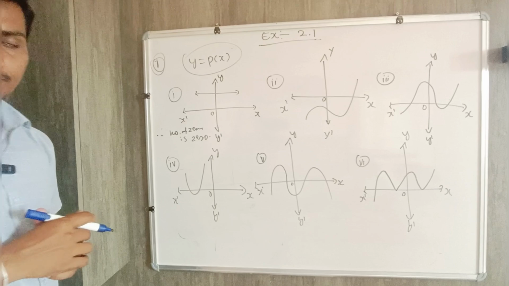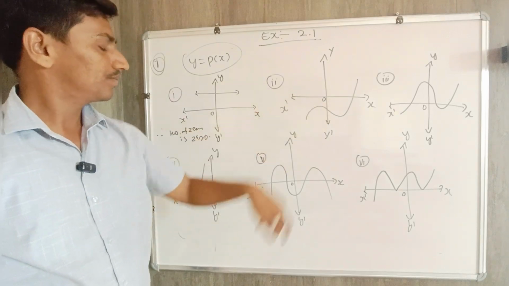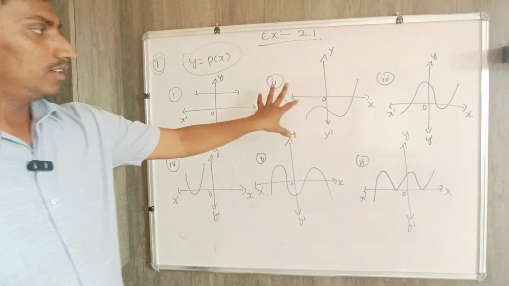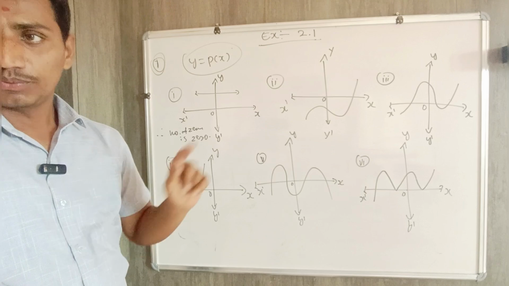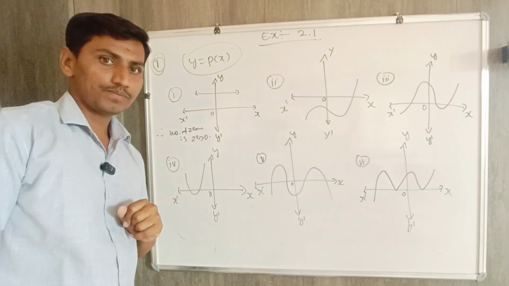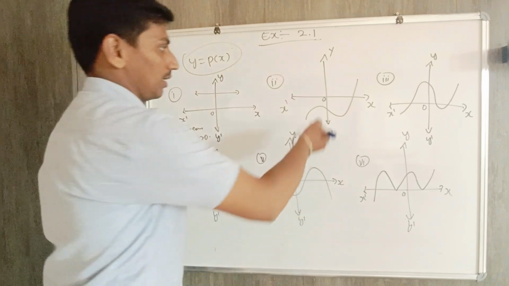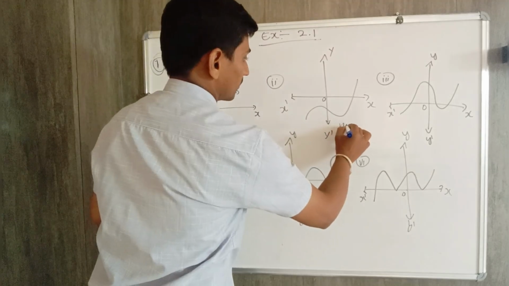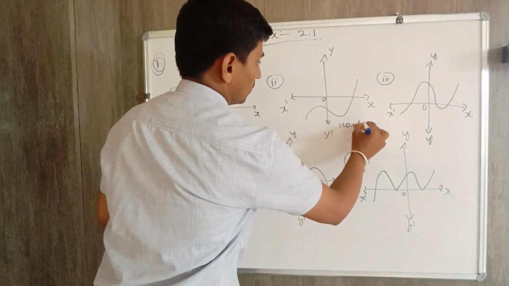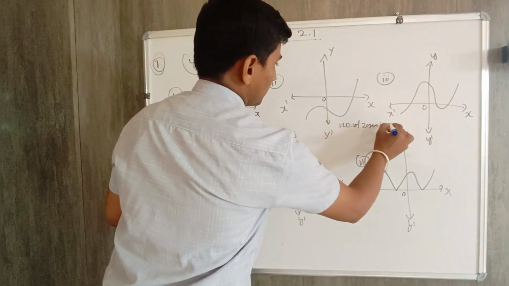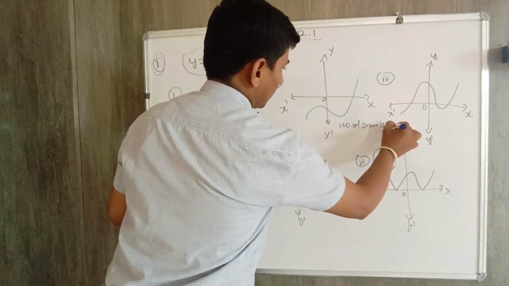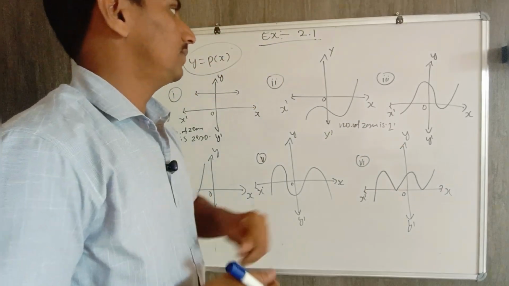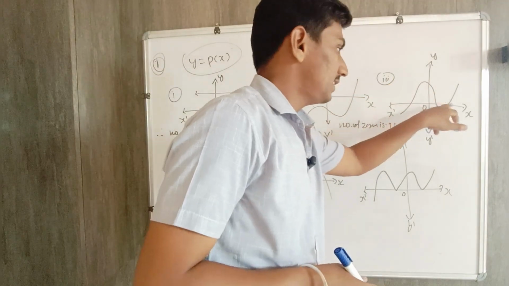Okay. Second one, which polynomial is it? A linear polynomial. So the number of zeros here is 1.